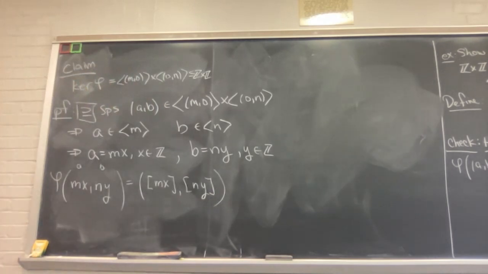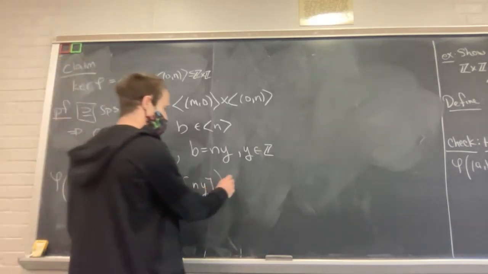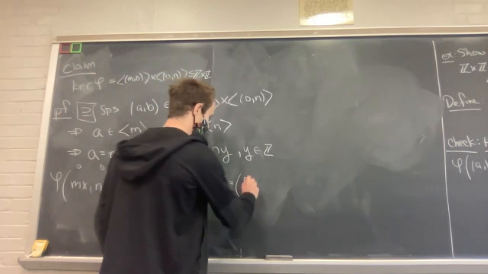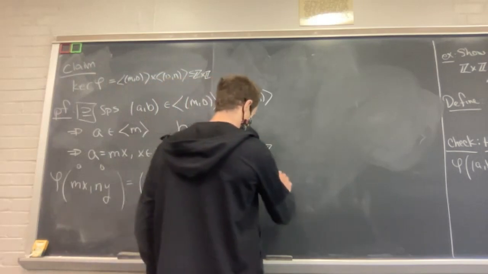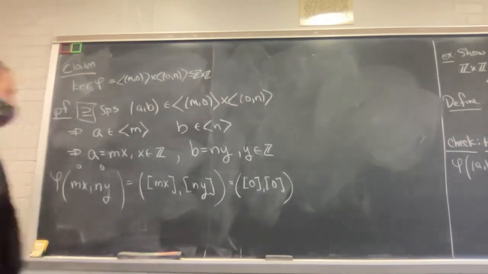But look, we're working inside of Z_m cross Z_n, which means that the equivalence class of a multiple of m is the same thing as the equivalence class of 0. Think about it like this: if you're working in Z_12, the equivalence class of 36 is the same thing as the equivalence class of 0. So 36 is the same as 0. The same thing's going on here. So this is the same thing as the equivalence class of 0, equivalence class of 0.